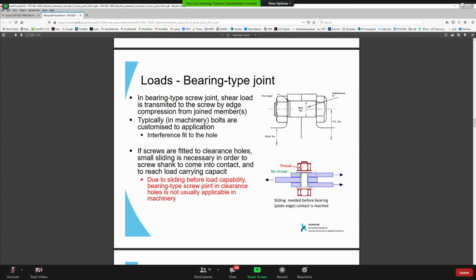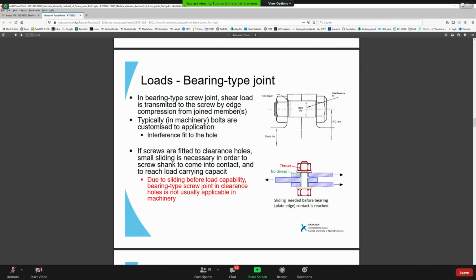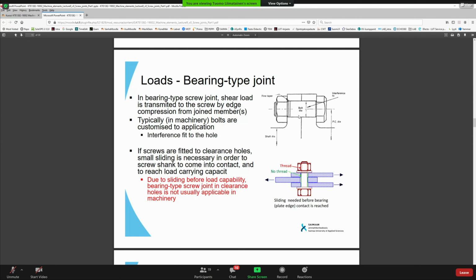However, these kinds of bolts are used frequently in, I would say, not that critical applications, and also in steel structures. In steel structures, it doesn't matter that much if there is some little movement between the components; you can hardly notice it. But in most cases in machinery, we want to have the components precisely as they are.